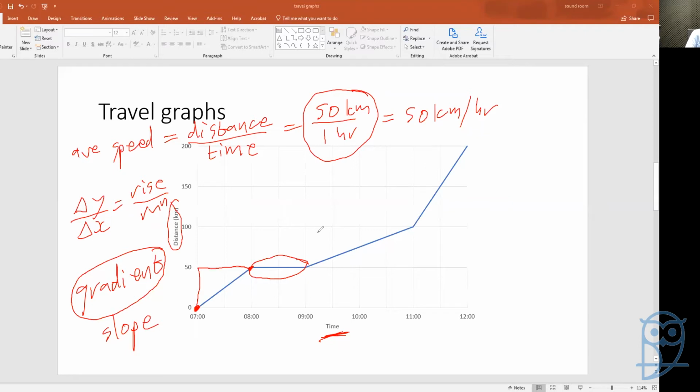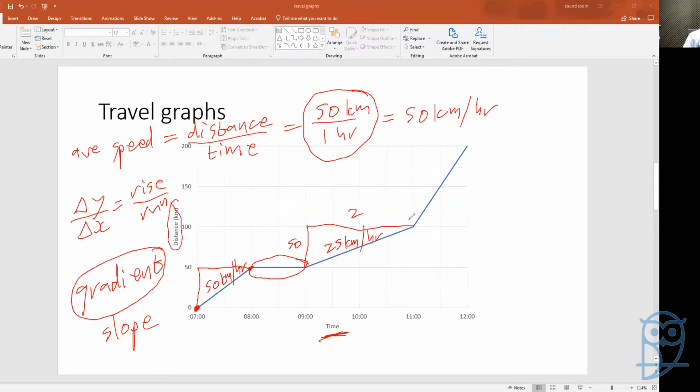All right. What is my average speed over here? Well, average speed there was 50. Average speed here, well, average speed is again rise over run. So rise is 50, run is now 2 hours. So that would make it 25 k's an hour.